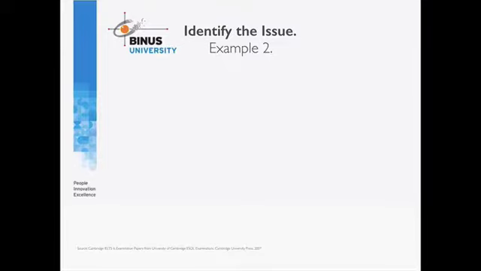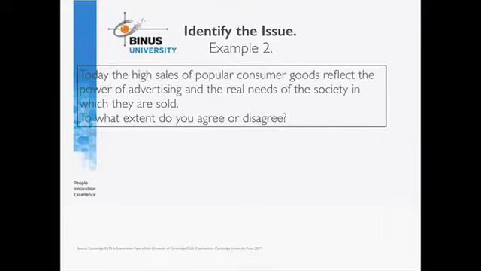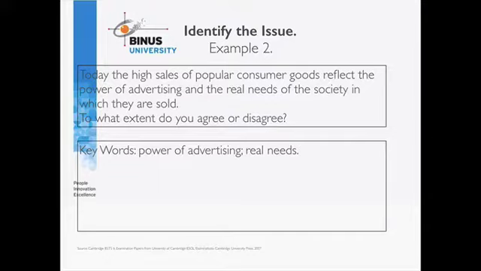Okay, let's look at example number 2 now. Today, the sales of popular consumer goods reflect the power of advertising and the real needs of the society in which they are sold. To what extent do you agree or disagree? So once again, look at the key words and think, well, what kind of issue is given by these key words and how can I rewrite it in my own language? Keywords here might be the power of advertising and the real needs of the society.